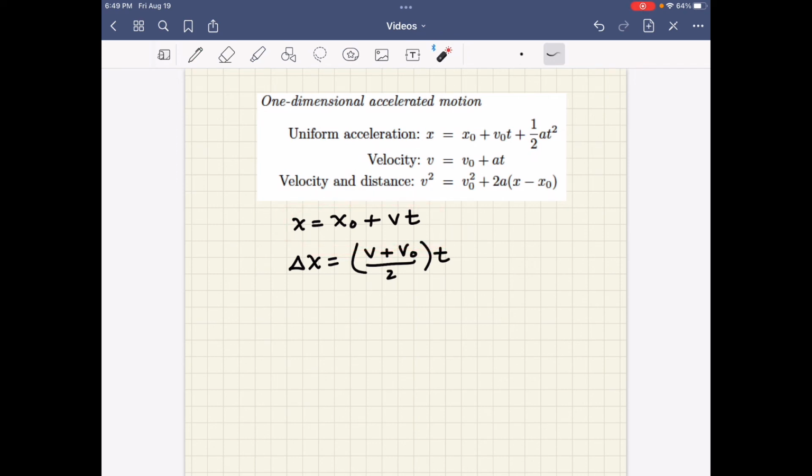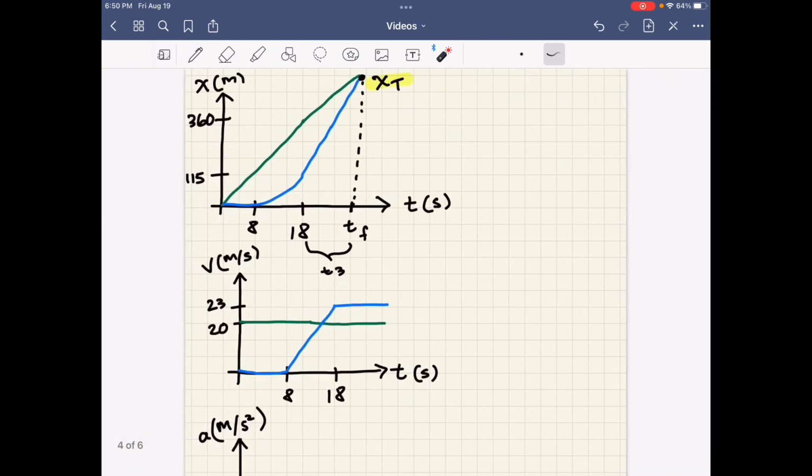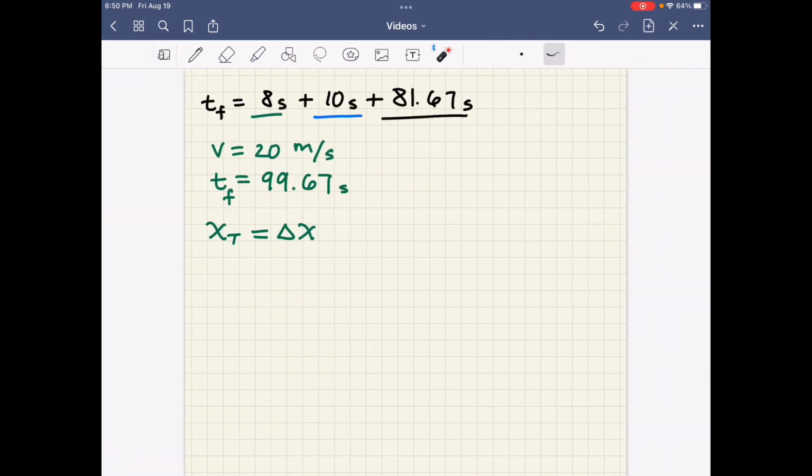Because we know his starting position was 0. We're going to see when he gets caught. And we know his velocity is 20, and how much time passed till he got pulled over. So now, in this case, xt would be x minus x naught.